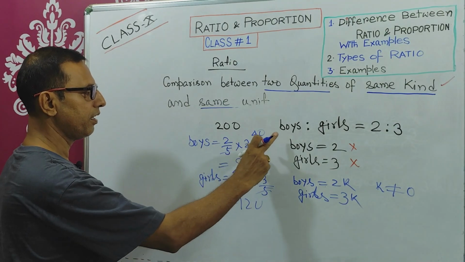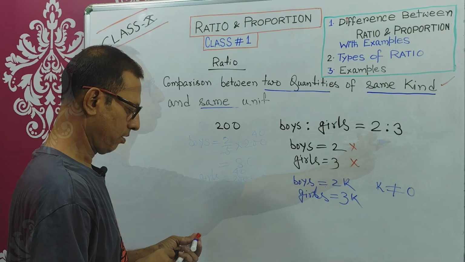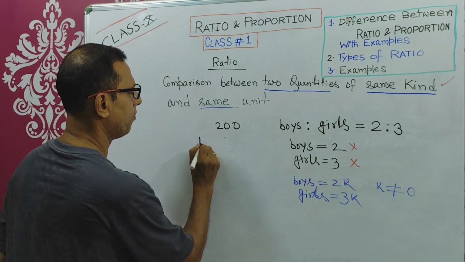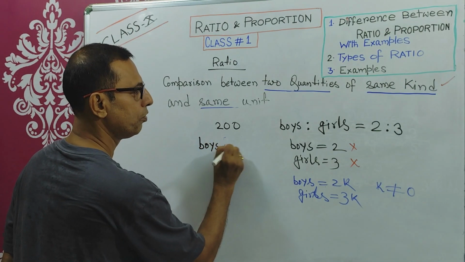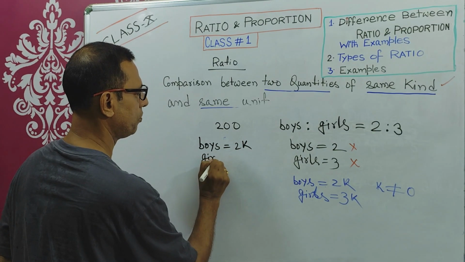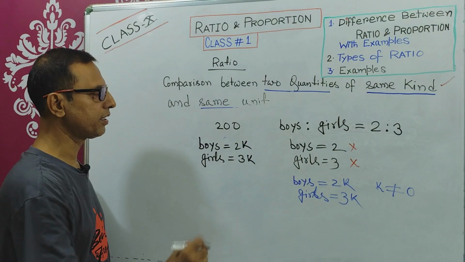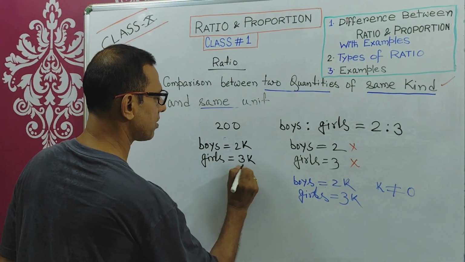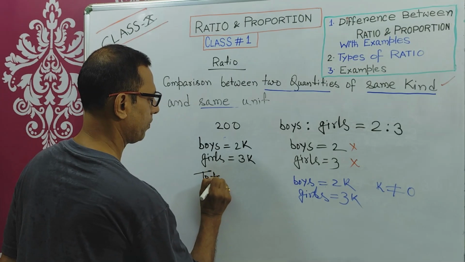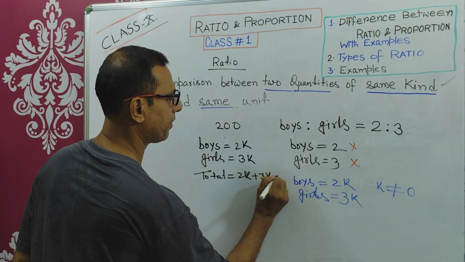So for boys and girls, you just use the concept of fraction 2:3. The other way: let's say boys equals 2k and girls equals 3k. So the total number of boys and girls is how much? 2k plus 3k equals 5k.